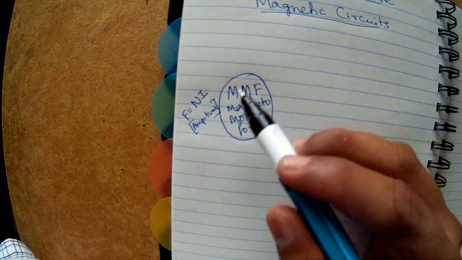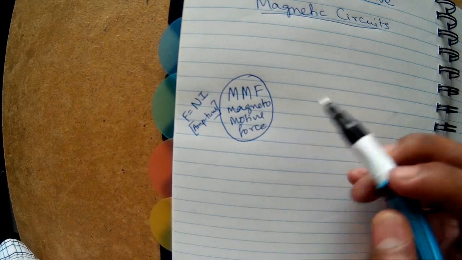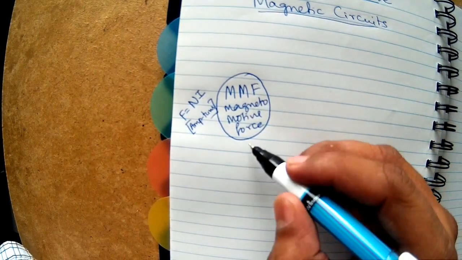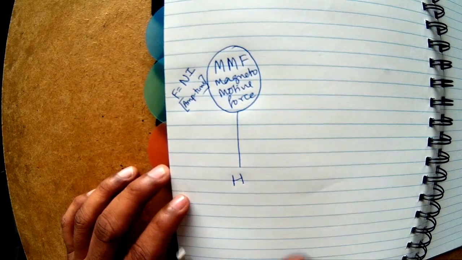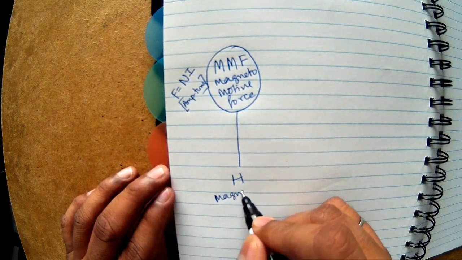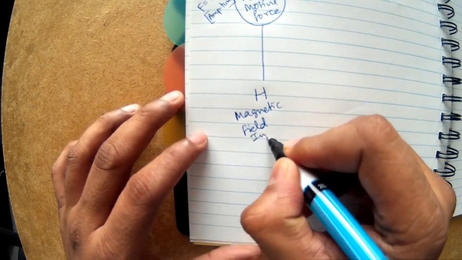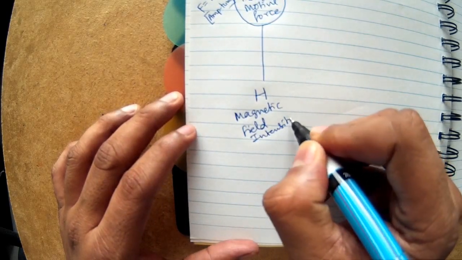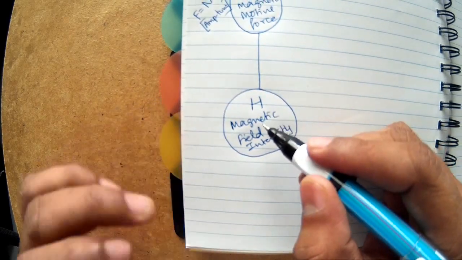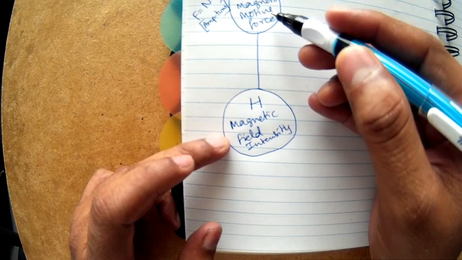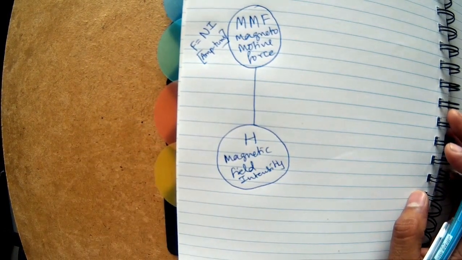In all cases I'll put in square brackets what are the units for each quantity. Now whenever an MMF is created, there will be magnetic field intensity, and the magnetic field intensity is denoted by symbol H. So what is the relation between magnetic field intensity and the MMF? I think in my previous video I have explained this, so I refer you to see.